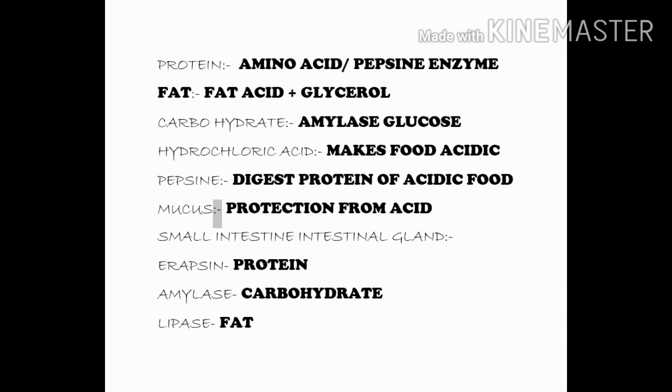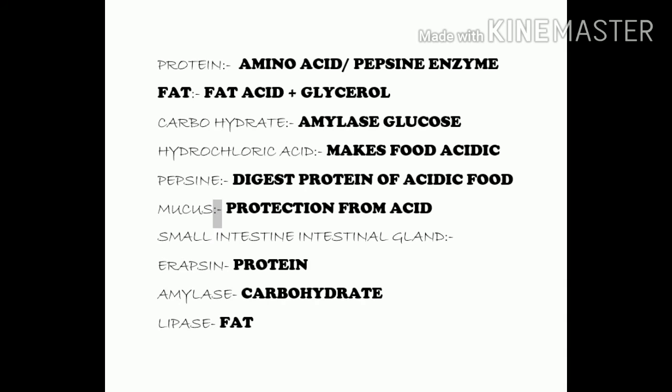Pancreatic juice contains a number of enzymes like trypsin, pancreatic amylase, and pancreatic lipase, which digest peptones into peptides, starch into maltose and isomaltose, and fat into fatty acid.